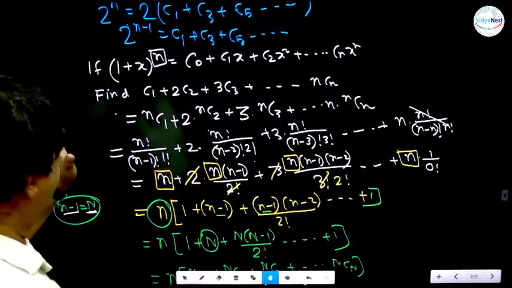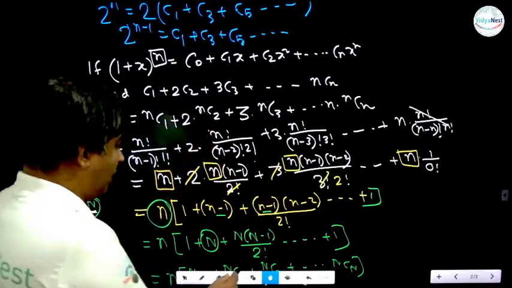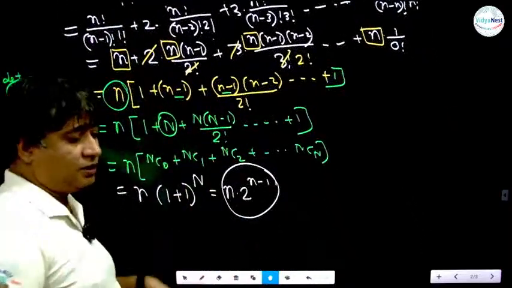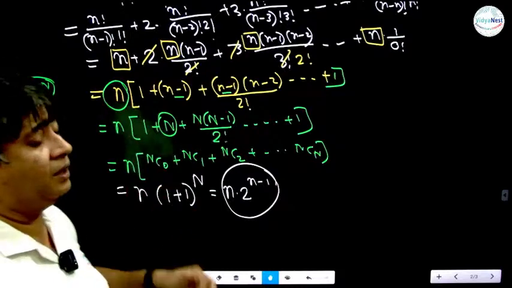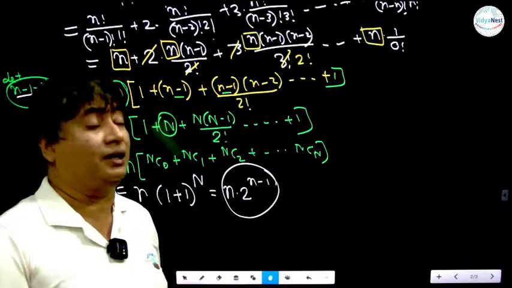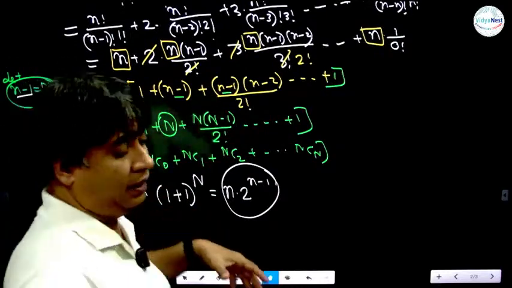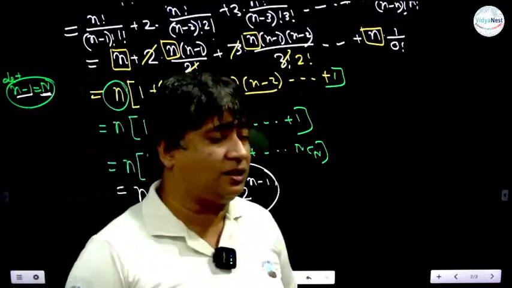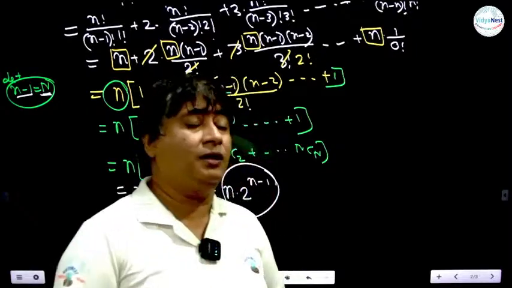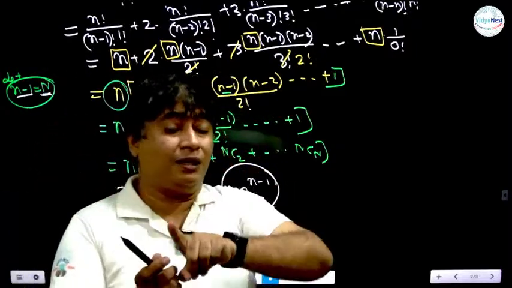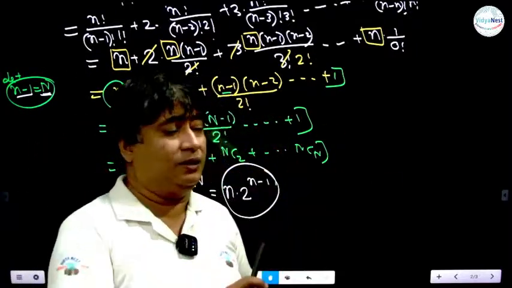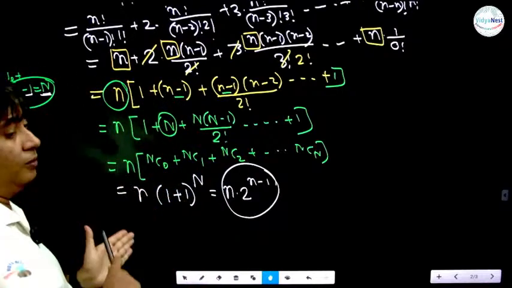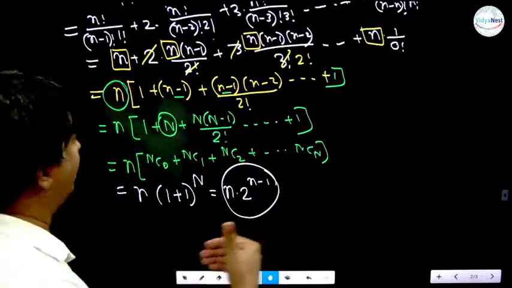Now this method is conceptually sound, but it takes some extra time. So if we implement calculus here, meaning differentiation, because you know the power is coming out of the variable, it can somehow relate to differentiation.